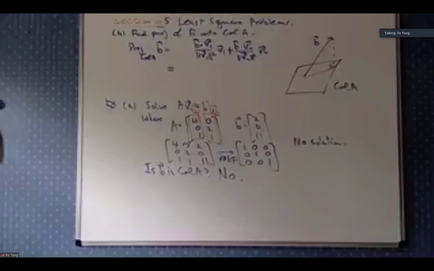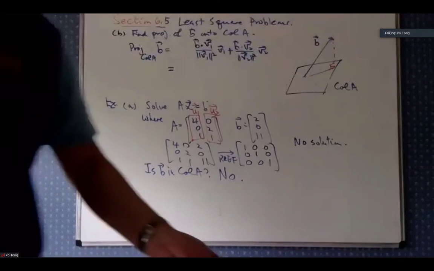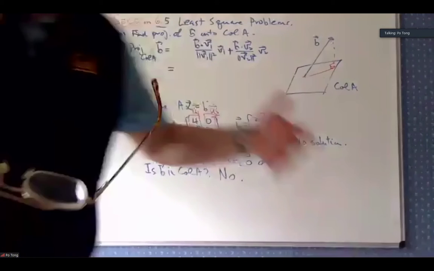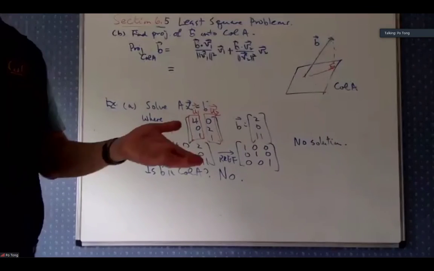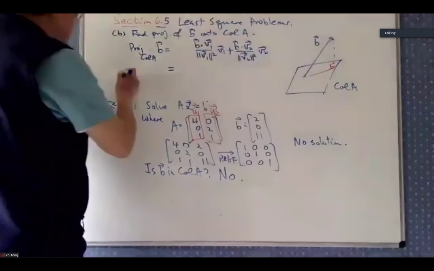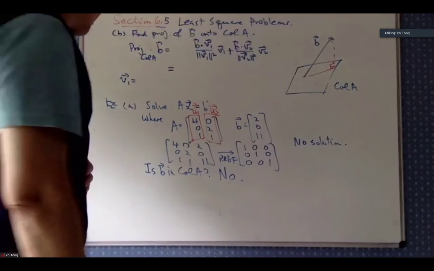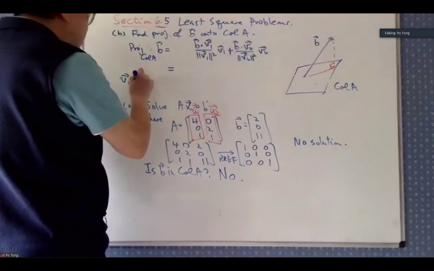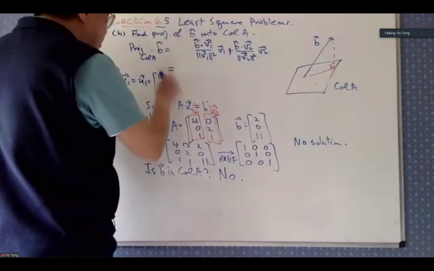So how do I get something that's perpendicular to each other and also spans the column space of A? So I use what I just learned a little while ago, which is the Gram-Schmidt orthogonalization process. That process says that V1 is going to be equal to U1. In this case, it is 4, 0, 1.